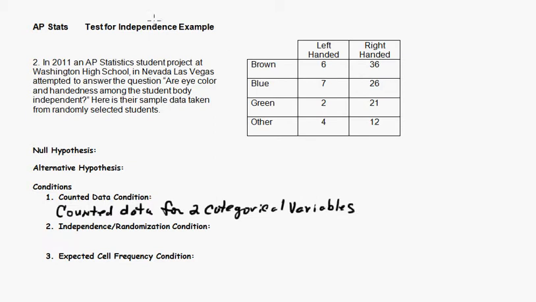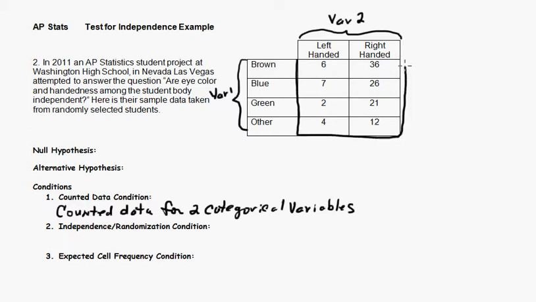It looks like this is variable 1, eye color, and variable 2 is your dominant hand. And then I would say that they sampled from one population, so there's only one group.